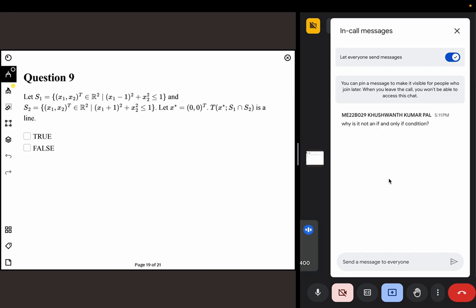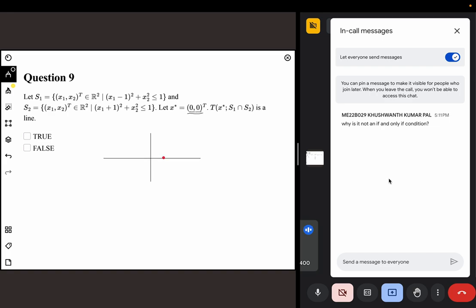So maybe this should be something straightforward. There are two sets, S1 with this particular equation and S2 with a different equation. My particular point is 0, 0, and I want to find the tangent cone for the intersection of S1 and S2. Is it a line? What are my S1 and S2?